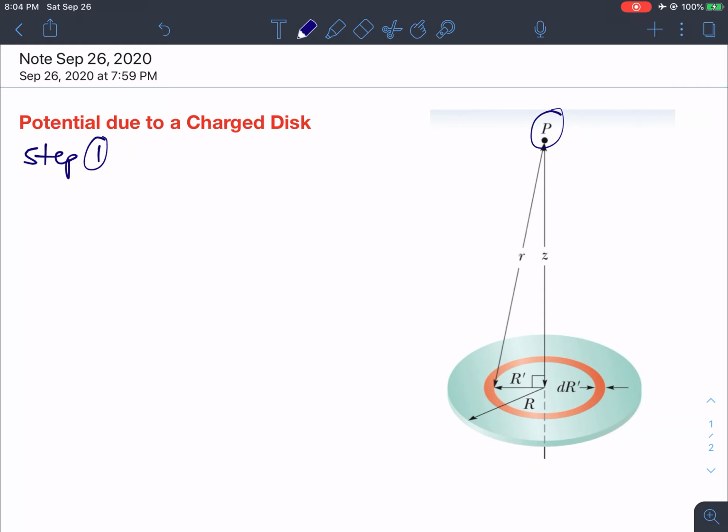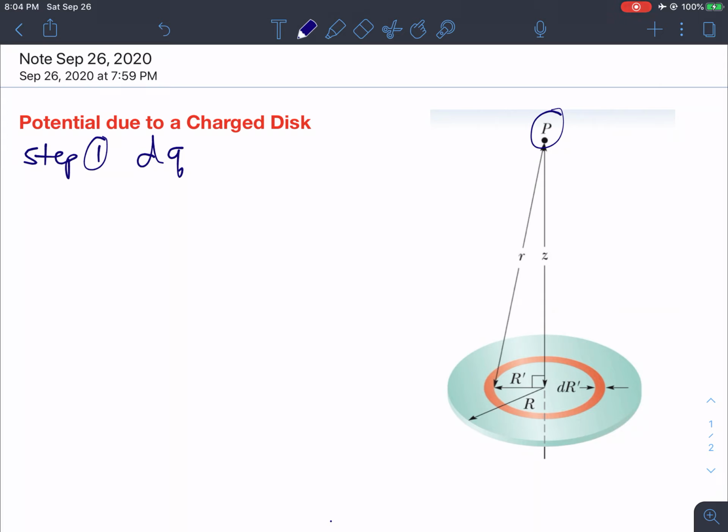So what we're going to do is, first of all, we will start with writing dq. So remember that q, the charge, is the charge density times the area. Okay, and we are focusing on the ring, so we need to think about that. So we have dq, and dq is the charge on this very, very small ring.